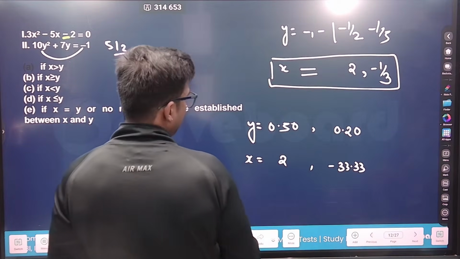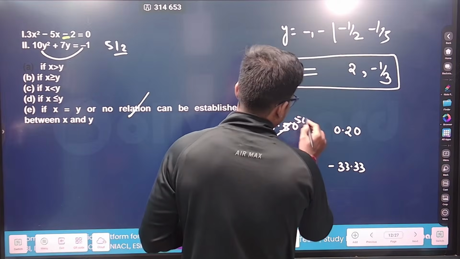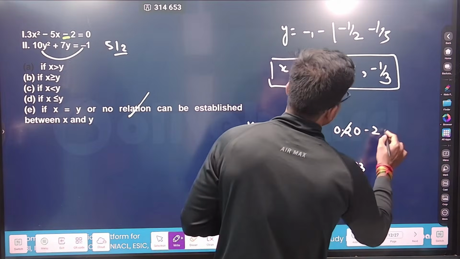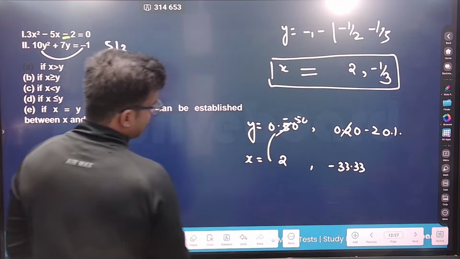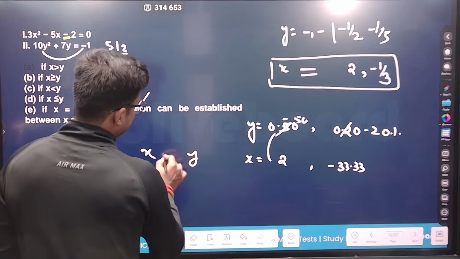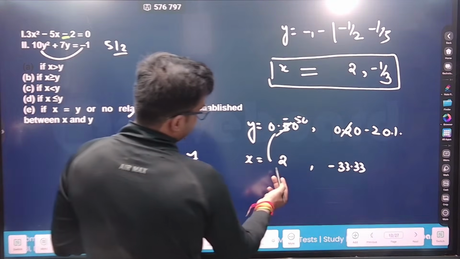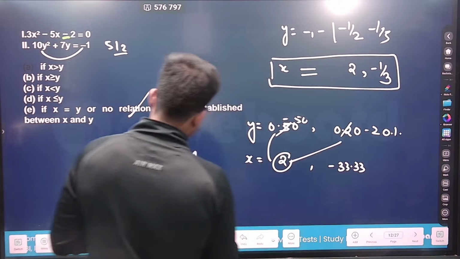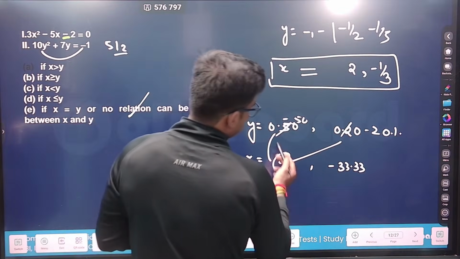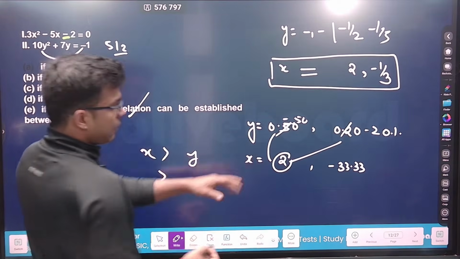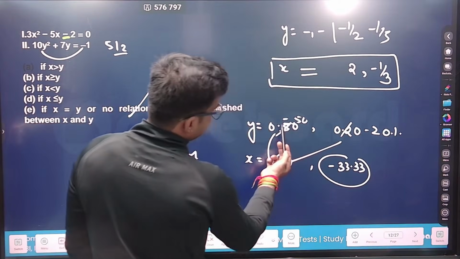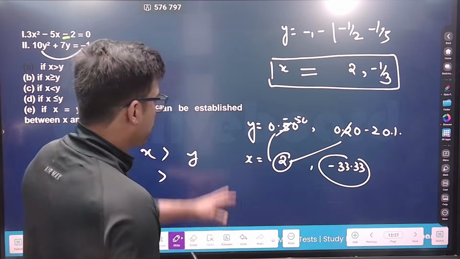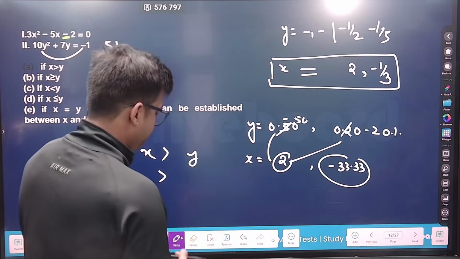Or you can also write this as 50%, minus 50%, minus 20%. Now please compare for this. Which one is greater? Obviously, x is greater. If you compare for this, which one is greater? Obviously, x is greater. For these two values, x is greater, definitely. For this value, now see, is minus 33.33 greater or minus 50% greater? Of course, which one is greater? Come on.